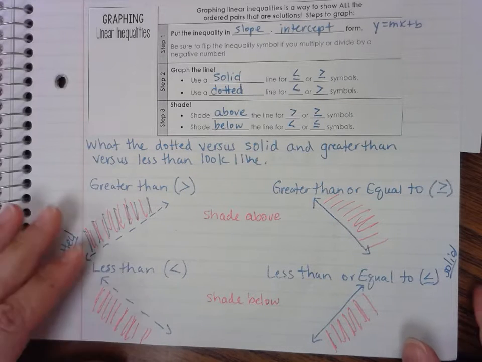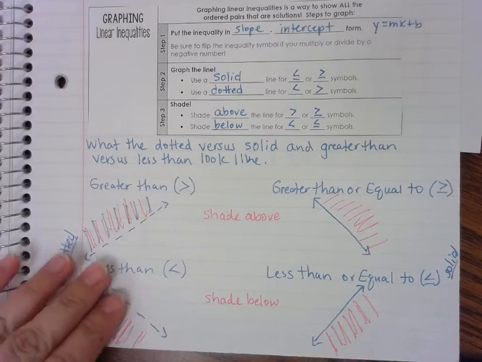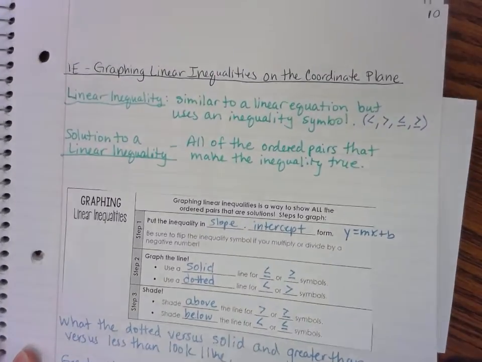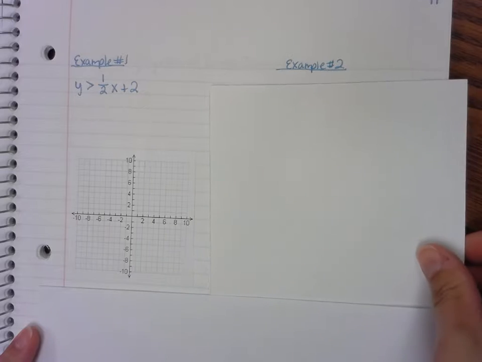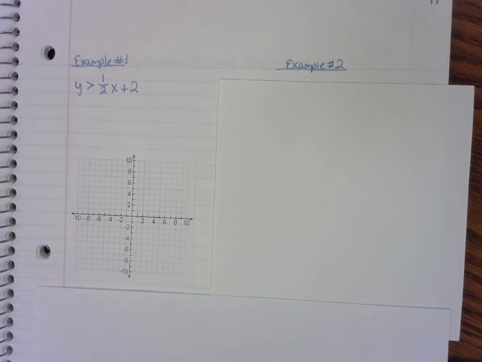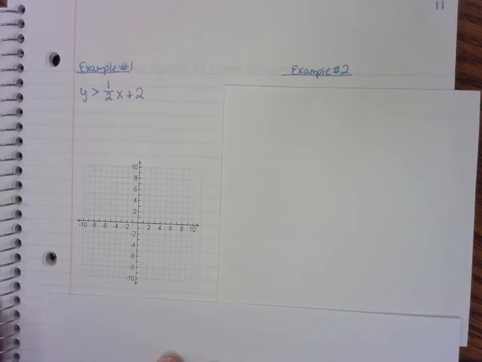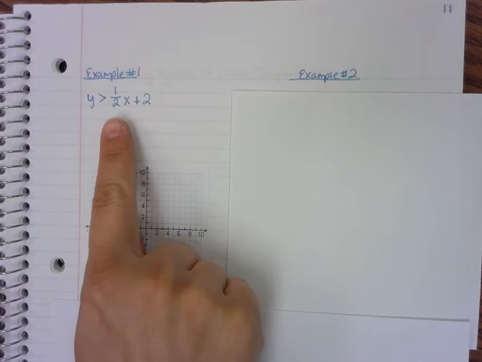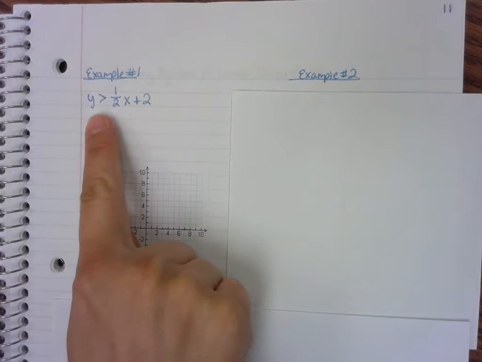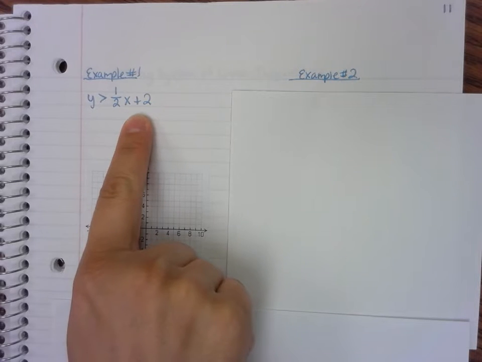Now we're going to take a look at 4 examples. You'll get a sheet of paper, cut out your graphs, and go ahead and glue them into your notebook one at a time so you make sure you leave enough space. The first equation I'm giving to you is in slope-intercept form. Y is greater than 1/2 x plus 2.